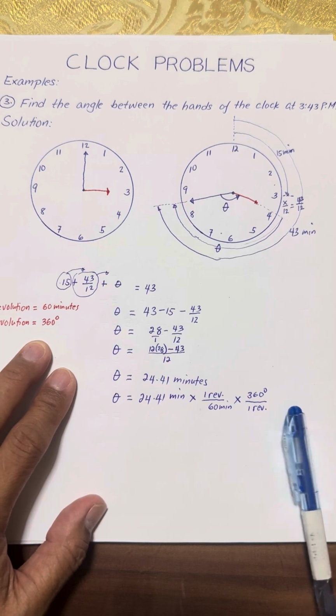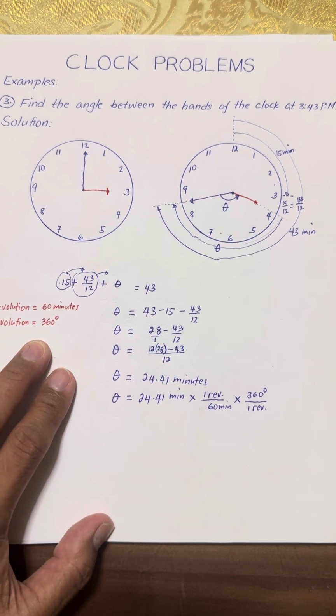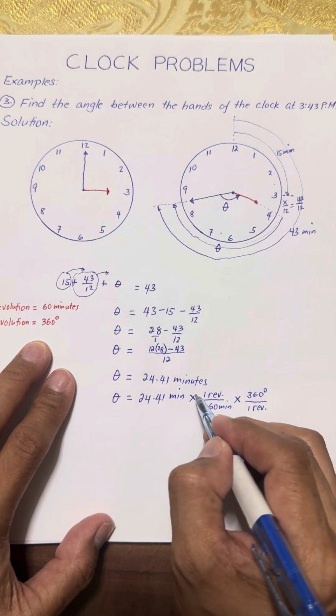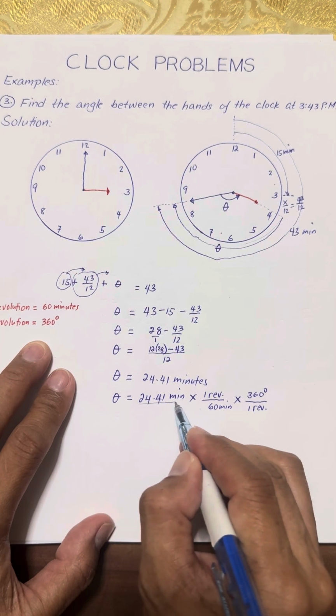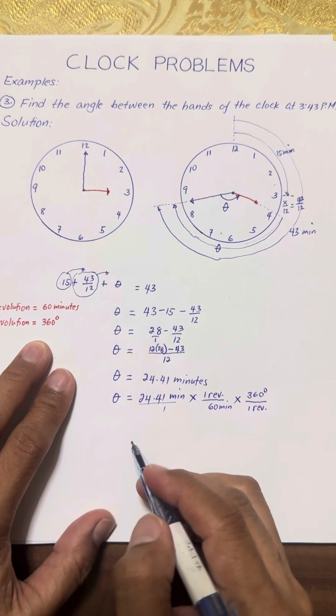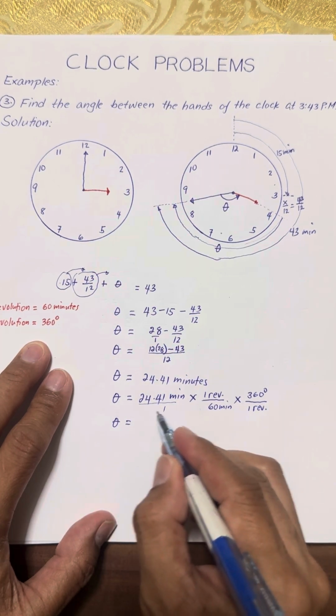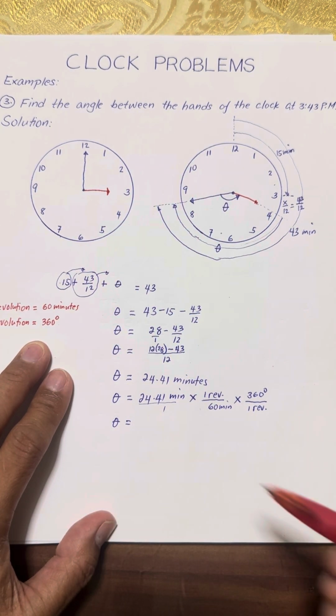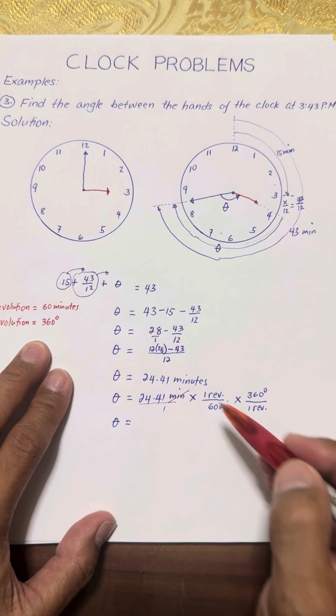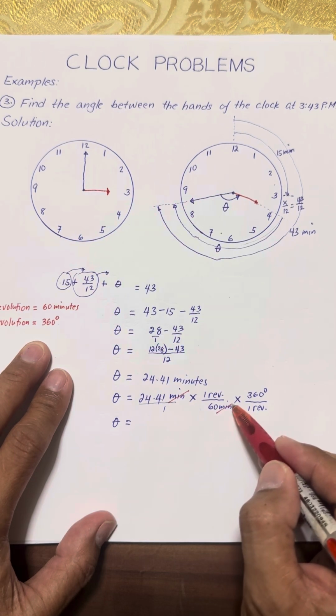Okay? Now we have units. By the way, this is multiplication of fractions. This one is understood to be over 1. The rule in multiplication of fractions is to multiply the numerators and multiply the denominators. In the numerator, we have a unit in minutes, and in the denominator, we have minutes.